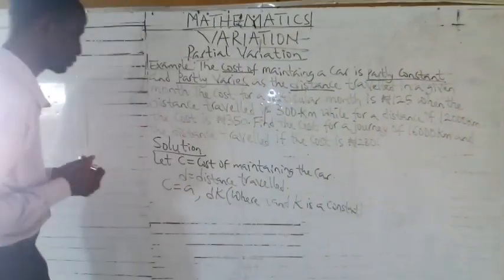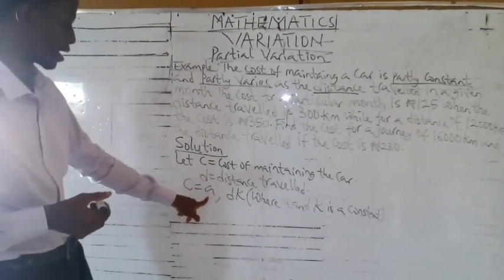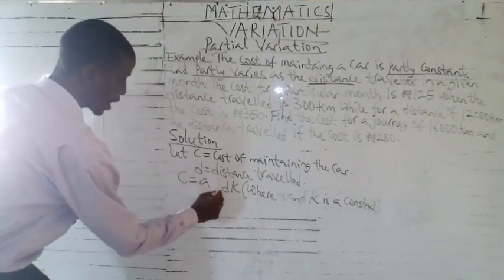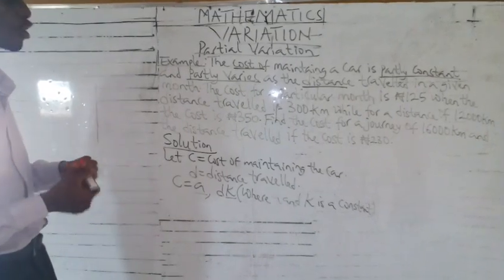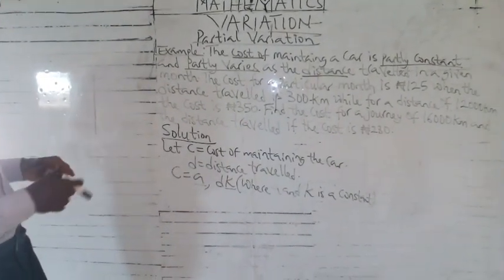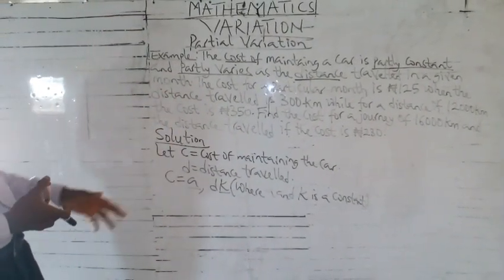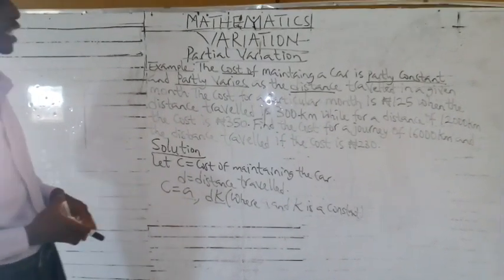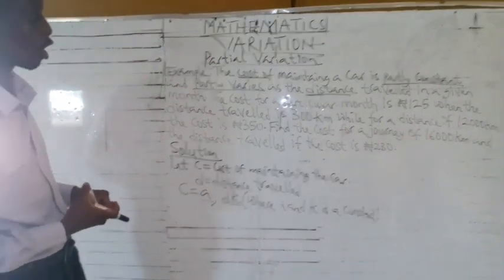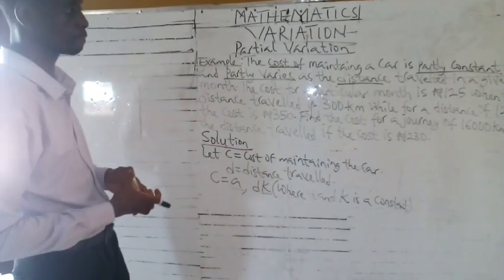I say it again. This A and this K are the constants which I'm going to introduce, and if you look at the question, I will now use the simultaneous equation way of getting our answers.